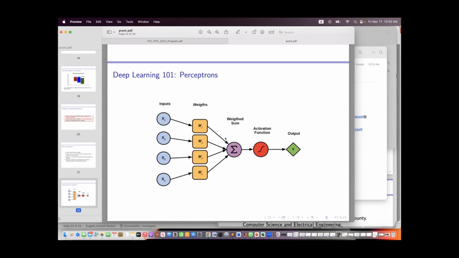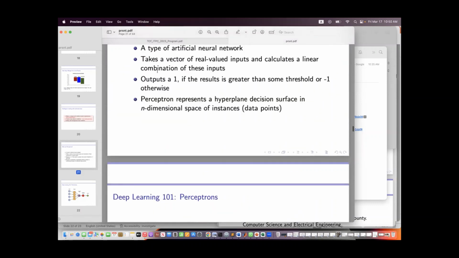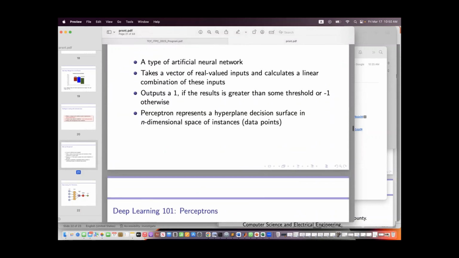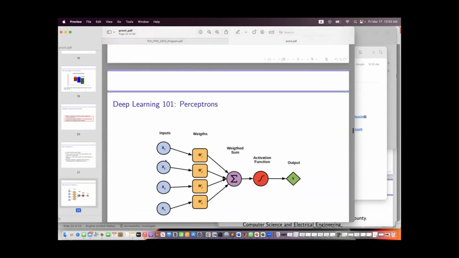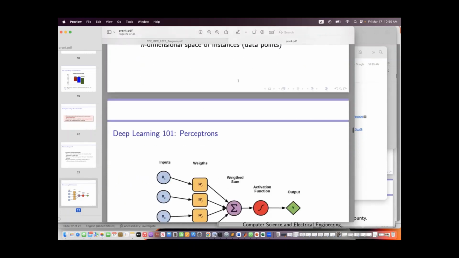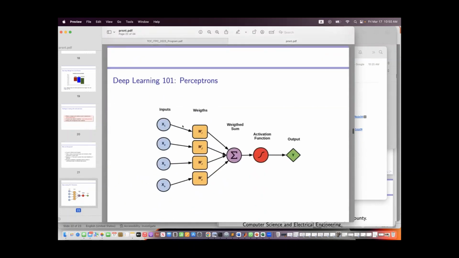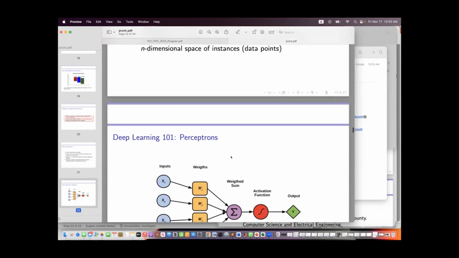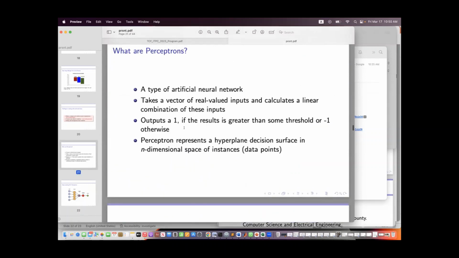These weights are all summed up. So we take this vector of real valued inputs, x1 through xn here, and it calculates a linear combination of these inputs. So it multiplies each feature by the corresponding weight and generates a weighted sum. The output is 1 if the result is greater than some threshold, or -1 otherwise.